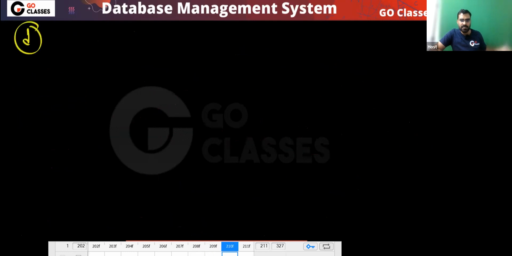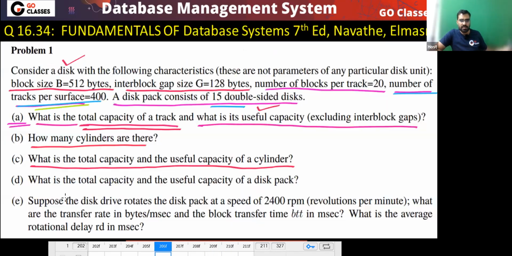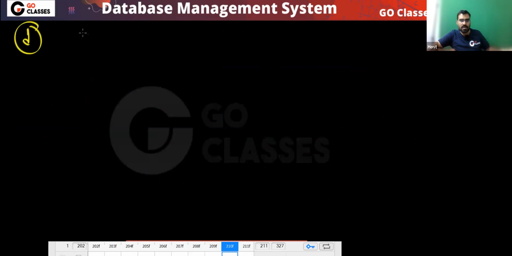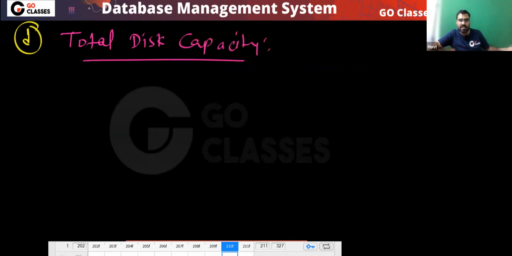What is part D? So this is done. What is the total capacity and useful capacity of the disk pack? How to do that? Total disk capacity is very simple.